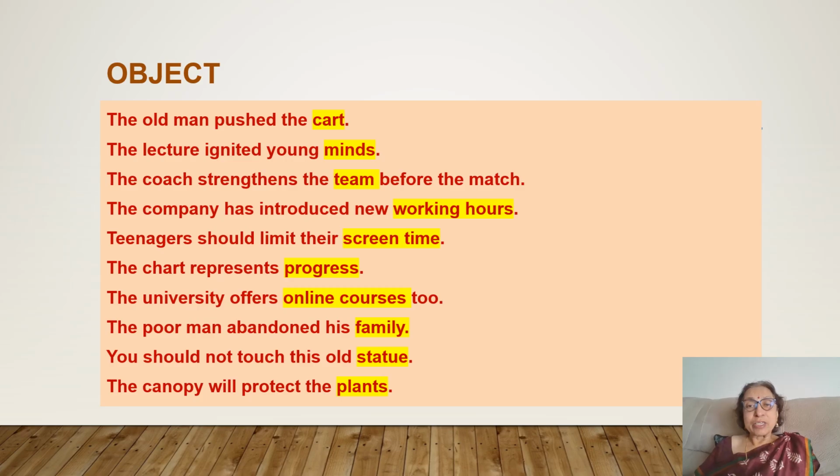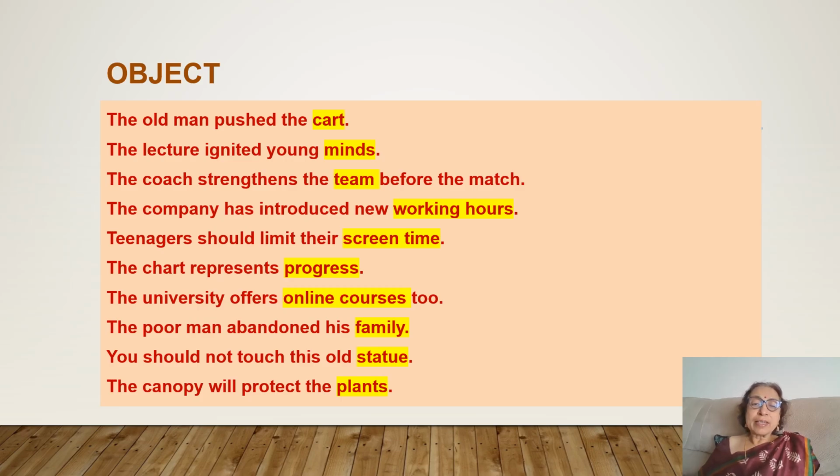I will take up some videos. I didn't think of that before. But we shall do figures of speech also, where you will learn how nouns are used to represent people, which are not actually nouns which usually represent people. Mind has many other meanings, but here the word minds refers to people.